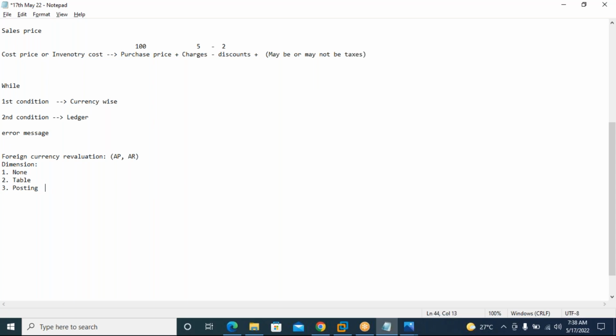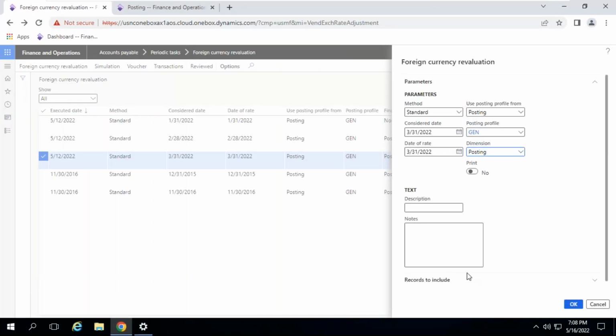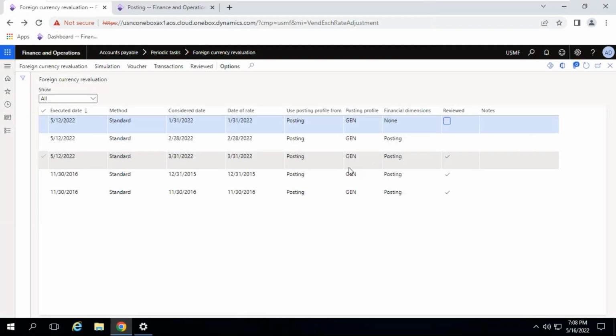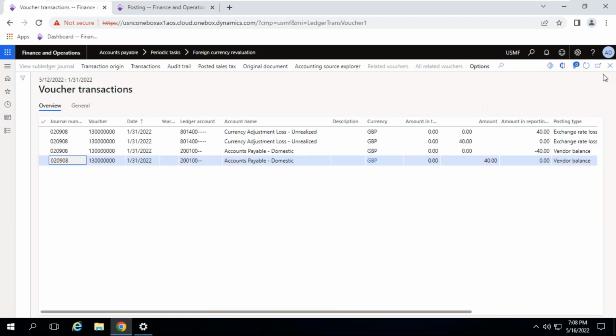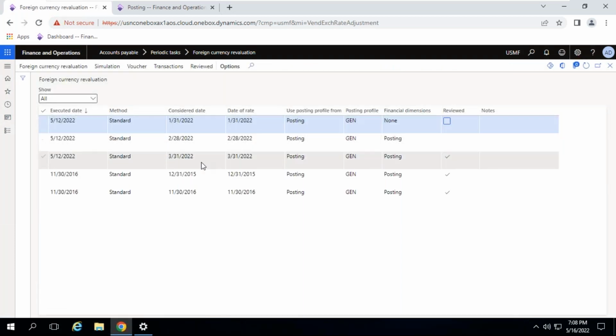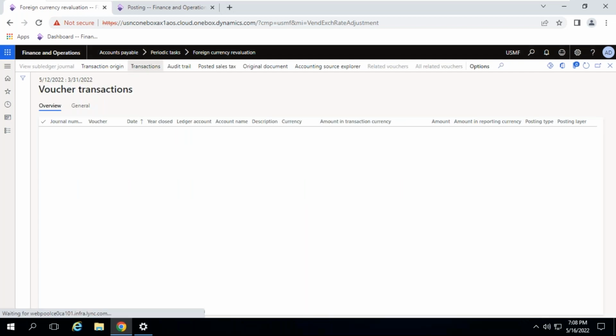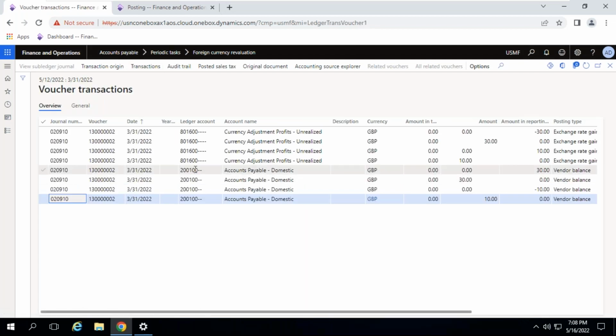The posting means whenever you are running foreign currency revaluation, the voucher is posting. Here, while doing this one, dimensions also come into the picture.